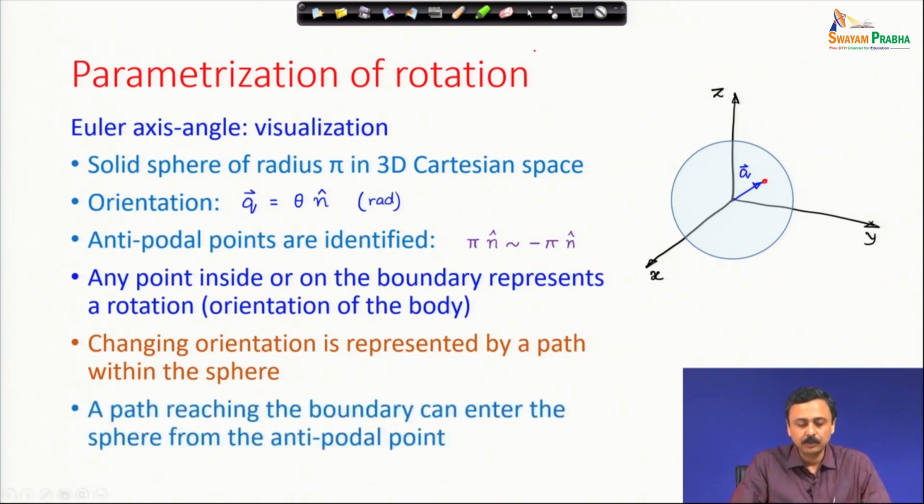The path reaching the boundary can enter the sphere from the antipodal point. So, this gives you some visualization of orientation and its change, the path along which it changes. Now, you can define, for example, what is the shortest path or the best path to go from one orientation to another. You can formalize these things based on this picture.